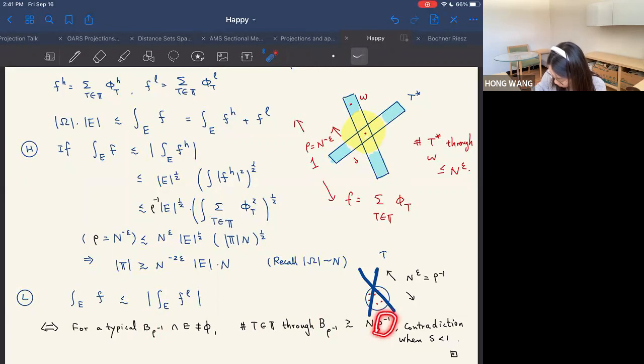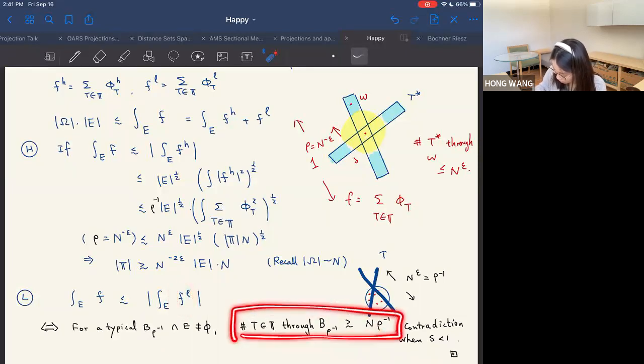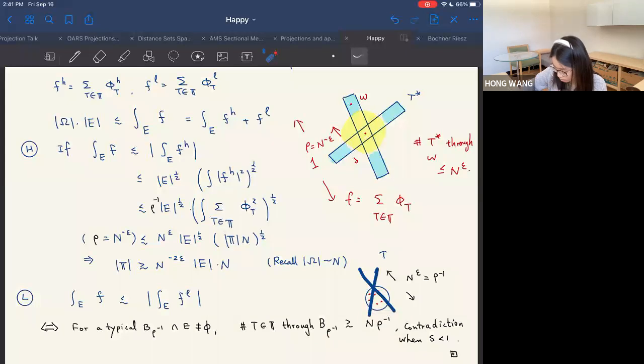So this is larger than 1. This follows from the fact that the low frequency part of F dominates on E. But this can't be true, because our E has dimension less than 1. So it means that the number of unit balls inside of E, inside this thick ball, is less than rho to the minus s.